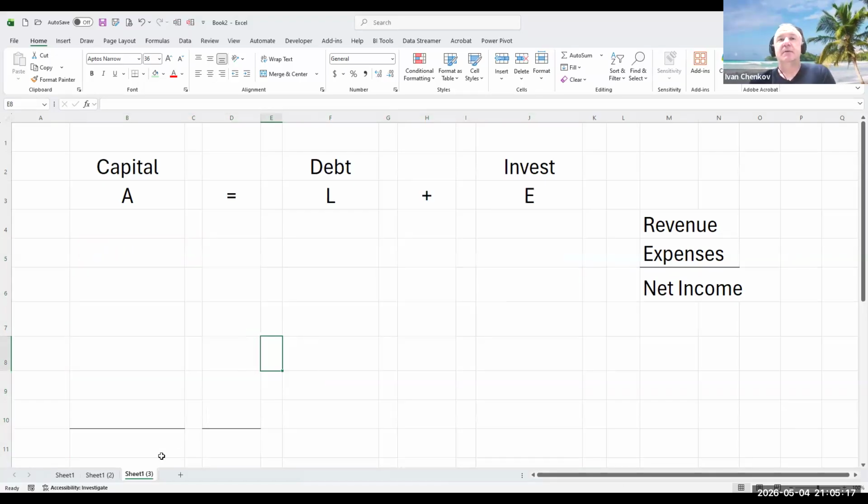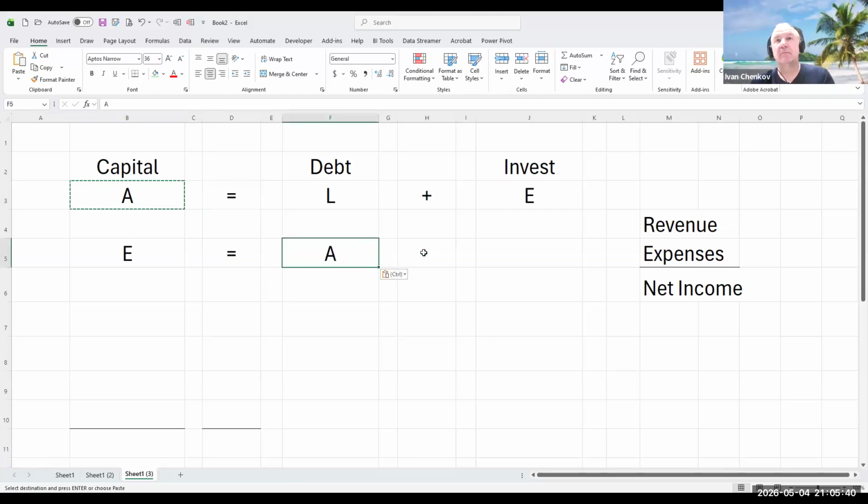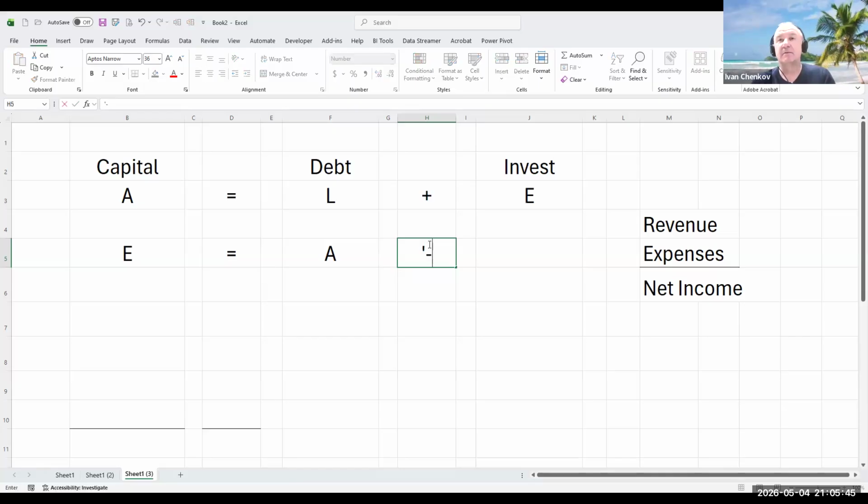Something very interesting. From this equation, can I express equity in terms of equity only? What's my equity equal to? What will be here? That will be my asset, correct? And then I'm going to have minus liability, correct?